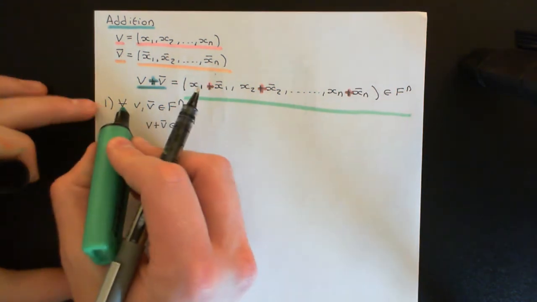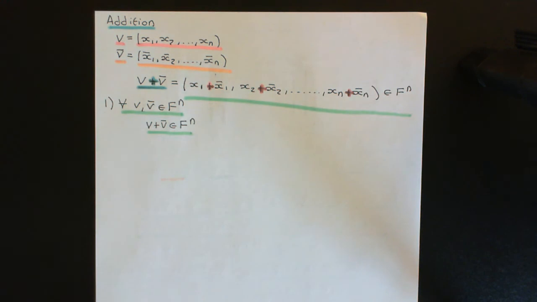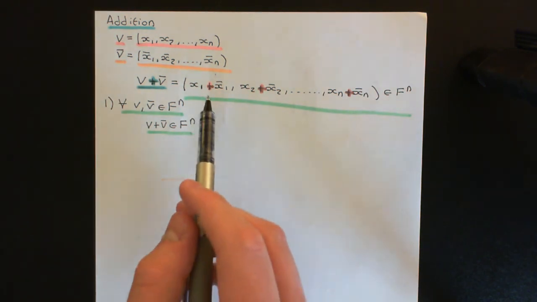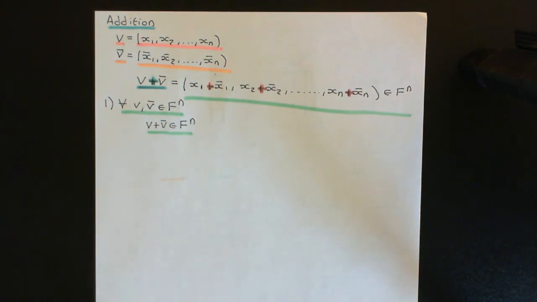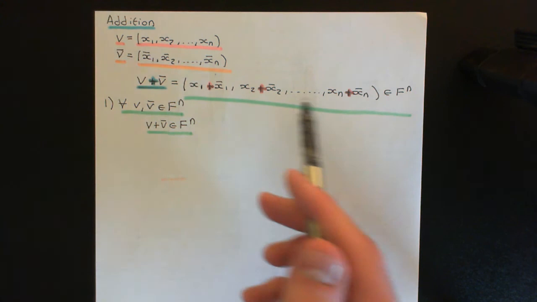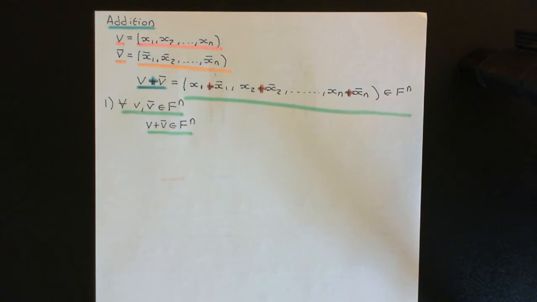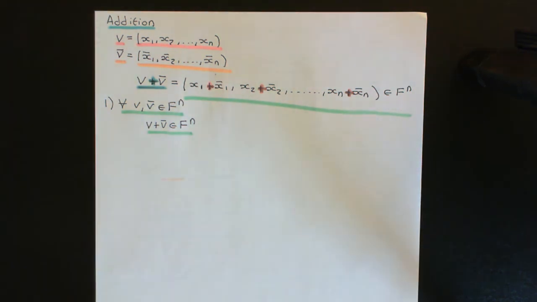When you add these two vectors together, you will always end up with another element of F to the power of n, because when you add the components together, you'll always end up with another element of the field. So all of the entries in the n tuple will be elements of the field, and indeed we get another element that's in our original set, Fn.